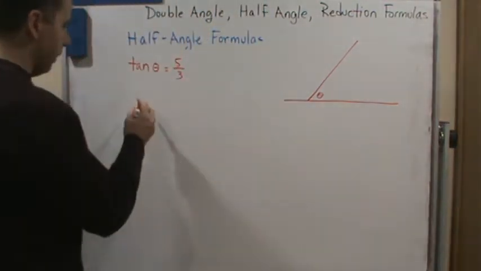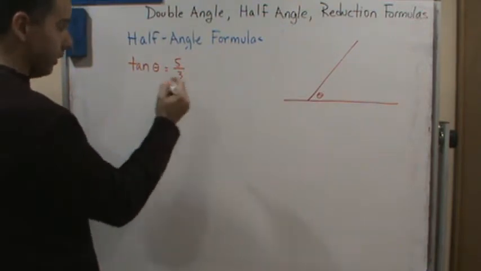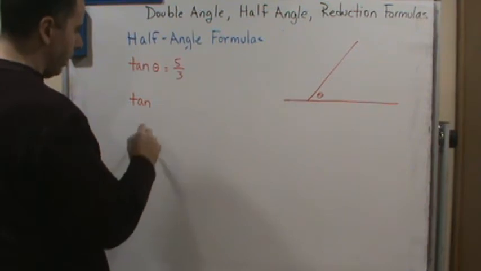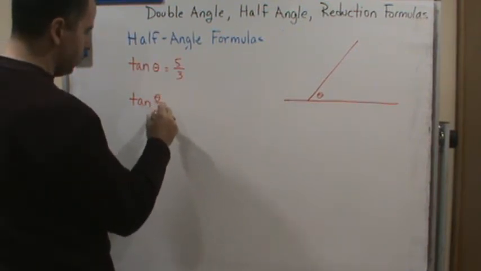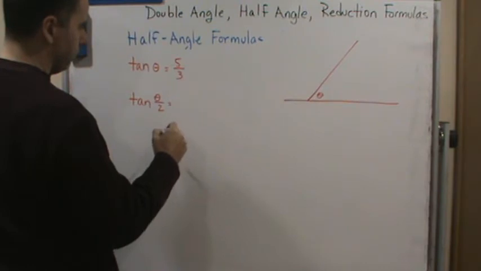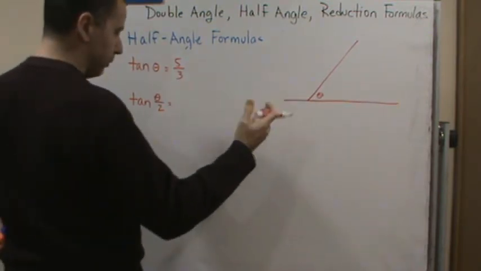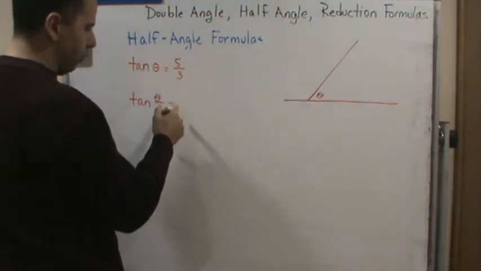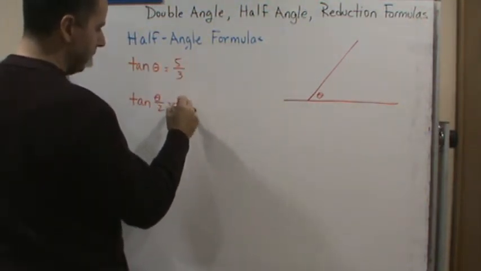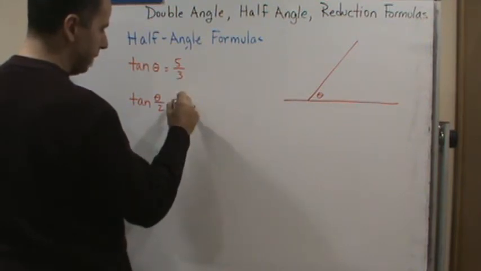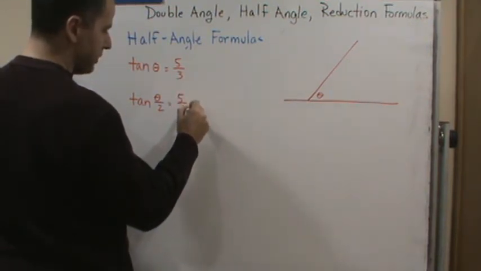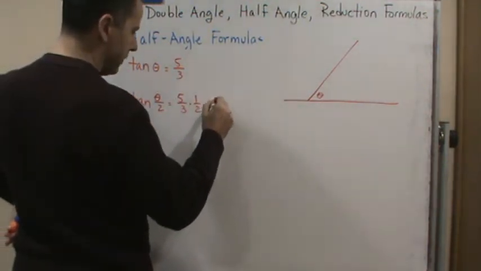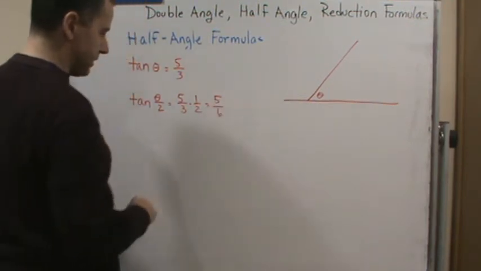Or another way to look at it is tangent of theta over 2 should equal, now this is my guess, thinking about the problem, half as steep, which means that this ratio, rise over run, should be 5/3 times a half, right? Which means that this would be 5/6.